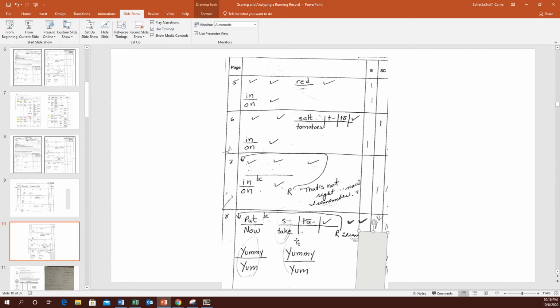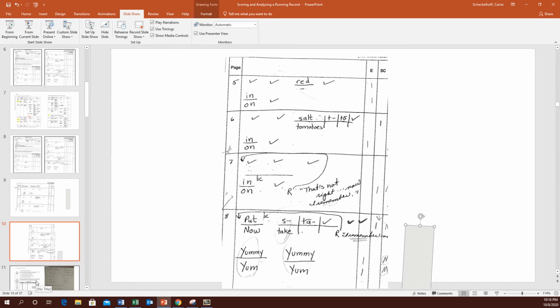This is not an error, and they just were reading carefully. This, on the other hand, is an error, to say salt for tomatoes. And then they looked through the word and made a self-correction. So because it was first an error and they fixed it, that counts as self-correction. All right, and then error, error, yummy, yummy.